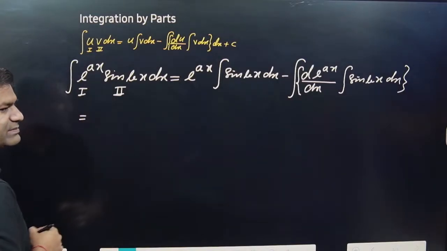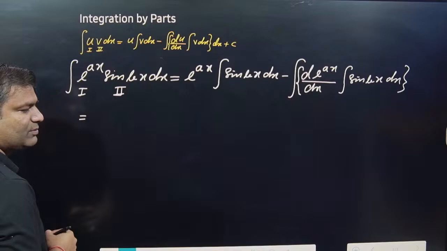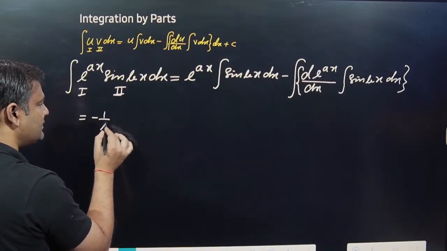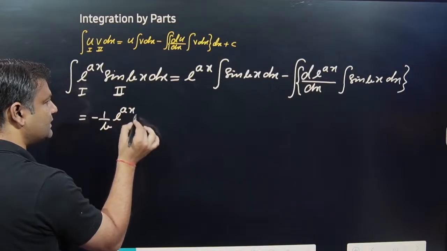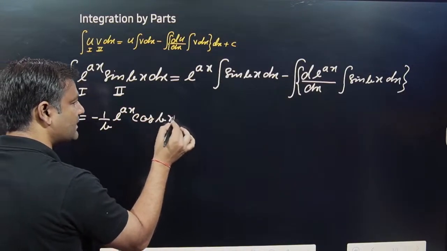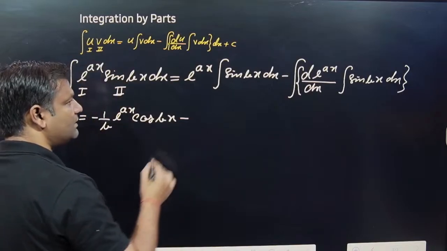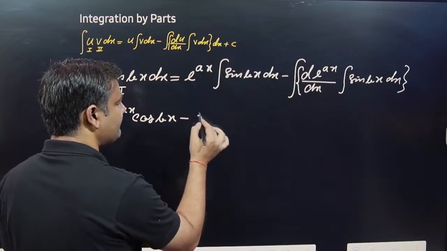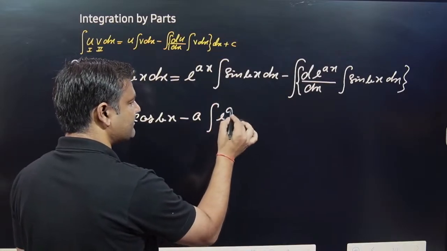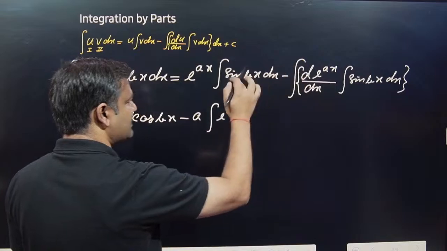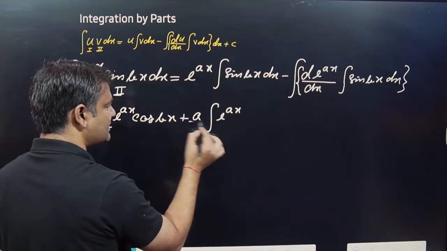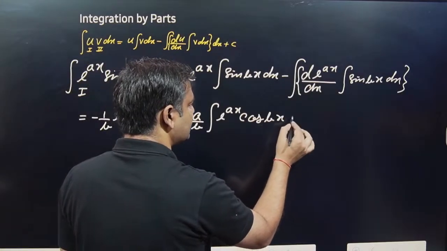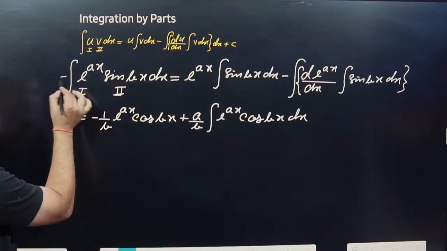E to power ax into integration of sine bx, minus cos bx upon b, so minus 1 by b into e to power ax into cos bx, minus differentiation of e to power ax, simply a into e to power ax, and integration of sin bx is minus 1 upon b, so minus minus plus 1 upon b into cos bx dx, and this one we call capital I.